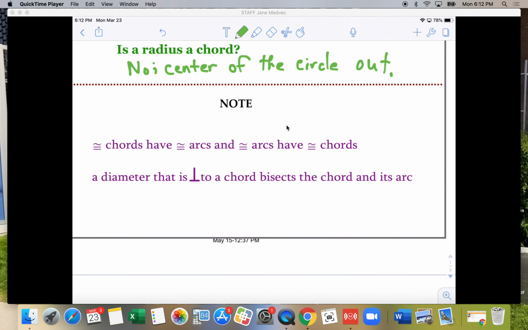Something to be careful of: congruent chords have congruent arcs, and congruent arcs have congruent chords. And you go, well, Mrs. Medvick, what does that mean?